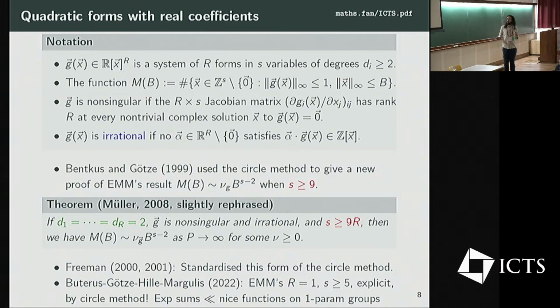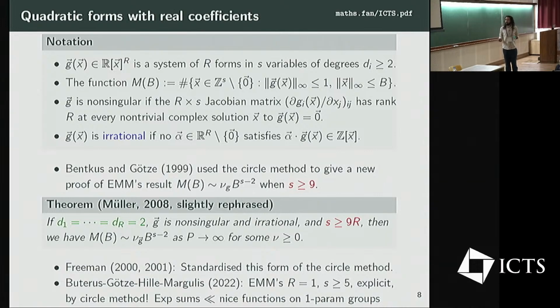So this 9R flashed past on a previous slide in a result about quadratic forms with integer coefficients, and this is no coincidence. The method is in some sense the same, and at least on the minor arcs, you could say the method is the same. So this was an exciting version. This result of Bentkus and Götze caused some excitement.